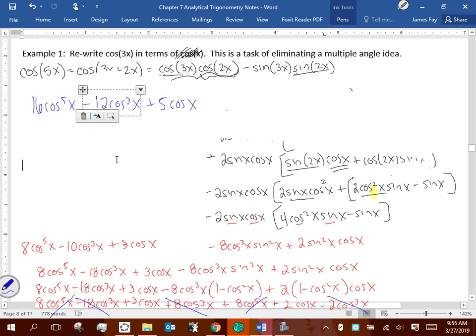So this was 8 cos. So we brought all this stuff down, correct? This was all good. So negative 8 cosine cubed sine squared, so that turned into, okay, so that should have been a 10, is what we're saying. And we took this negative, okay, that should be a minus there.